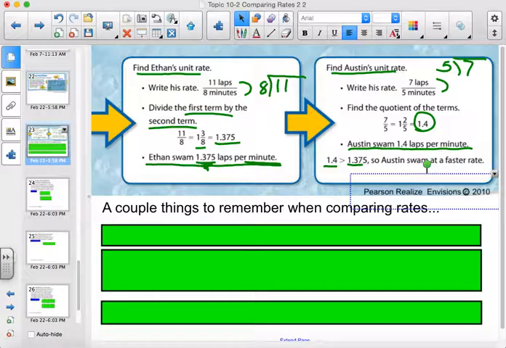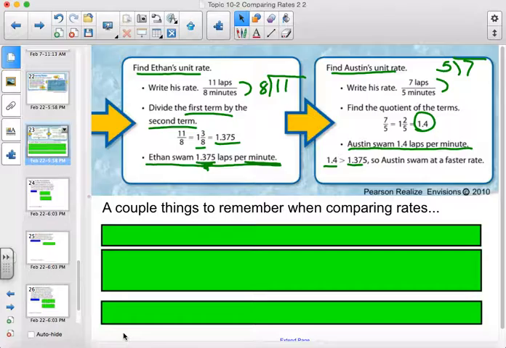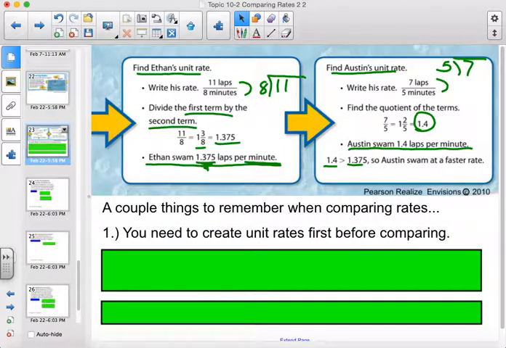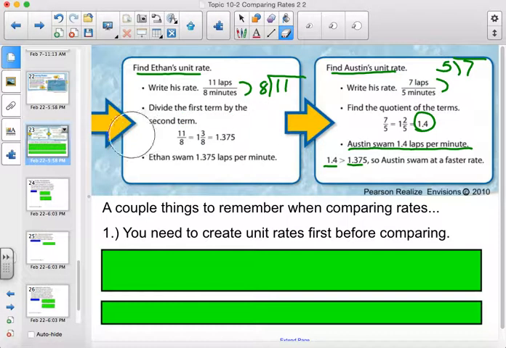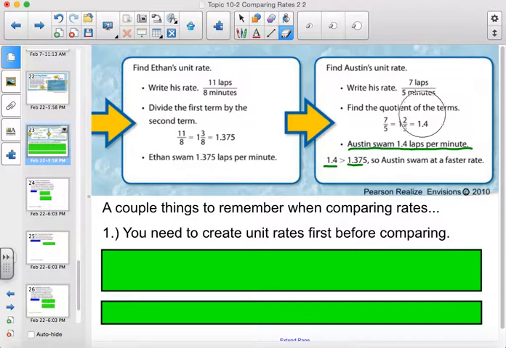What you want to remember is to make unit rates first. So, a couple things to remember when comparing rates. First thing you want to remember, you need to create unit rates first before comparing. And that's what they did up in the example.